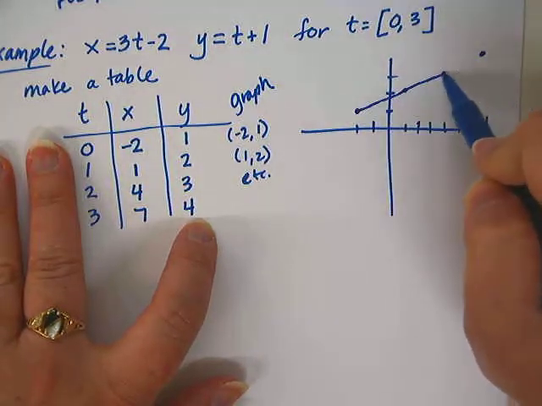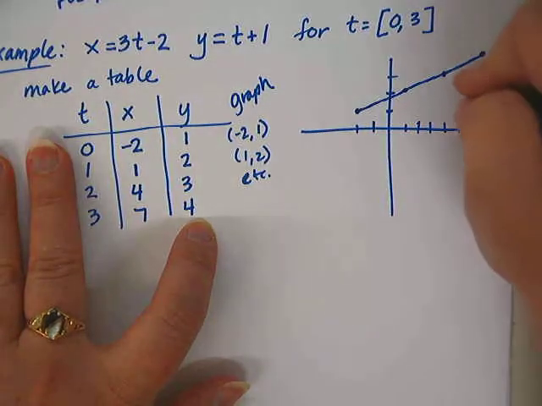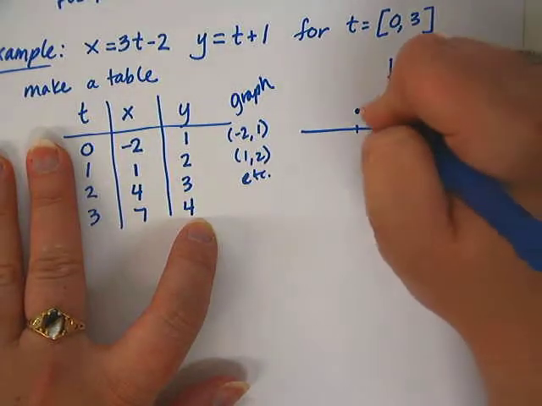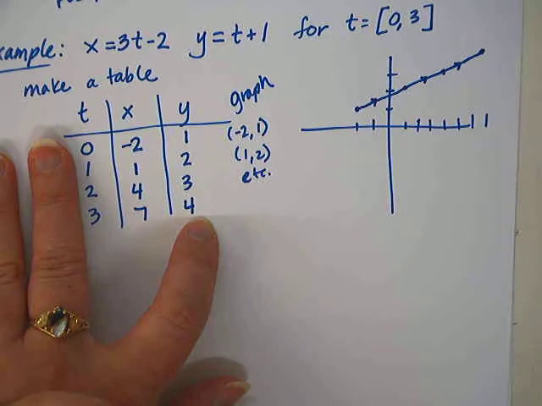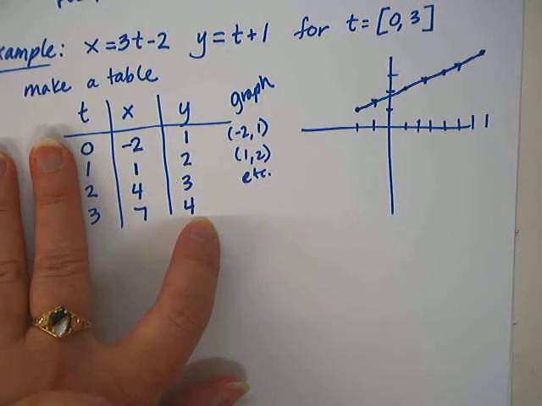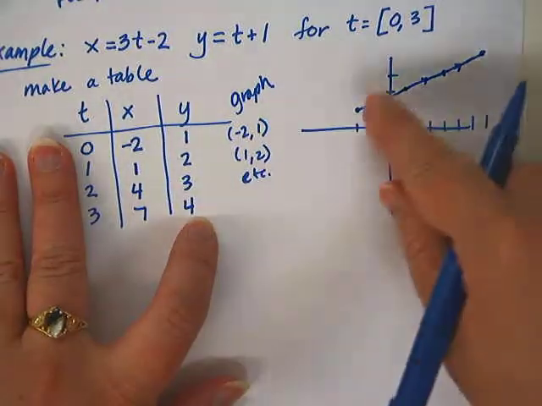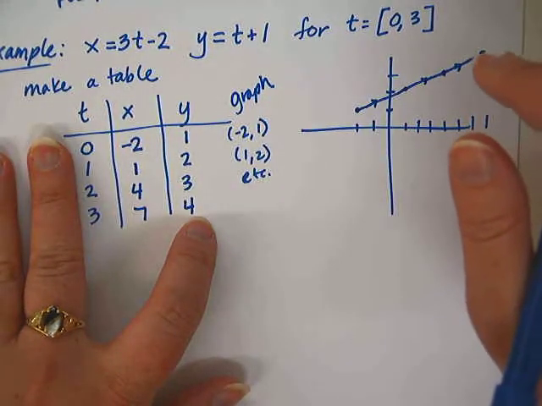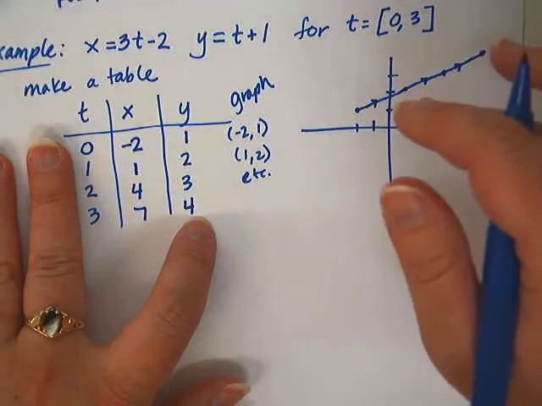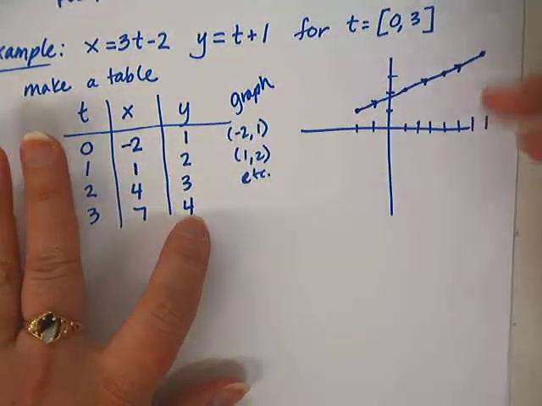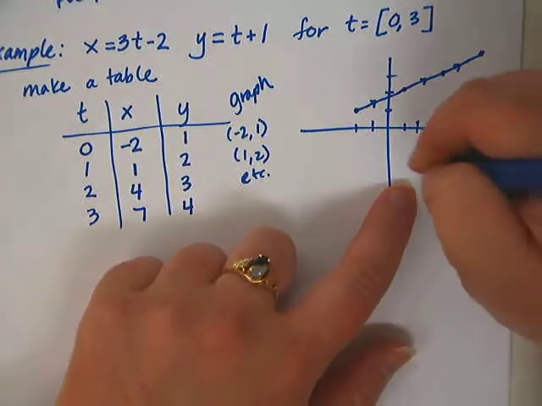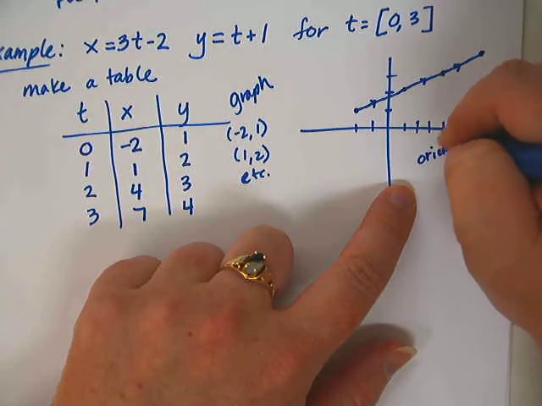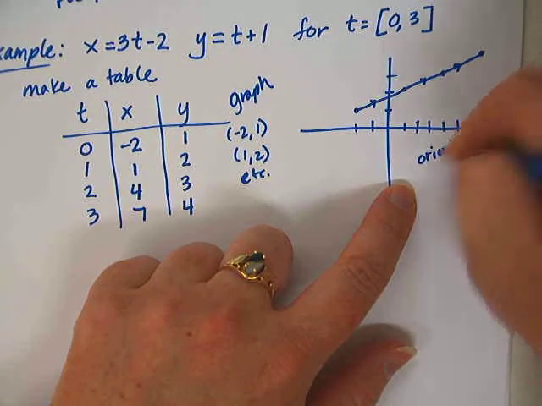So is that our ending point where the object stops moving? Okay, so this graph is showing us the path of the moving object. The moving object starts here and is moving toward there. So usually we will even put arrows in the graph to indicate what direction that object is moving. Putting the arrows in there like that is called the orientation of the graph.